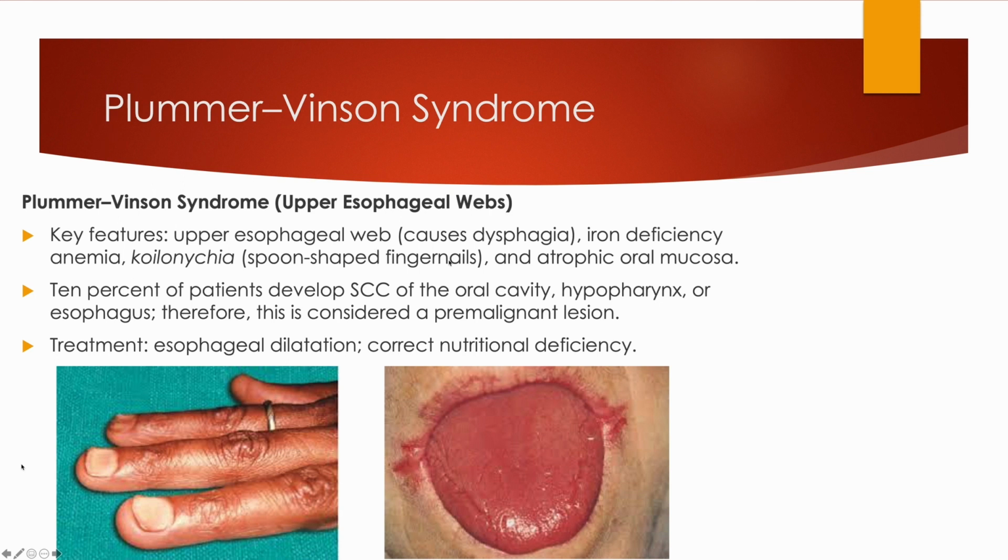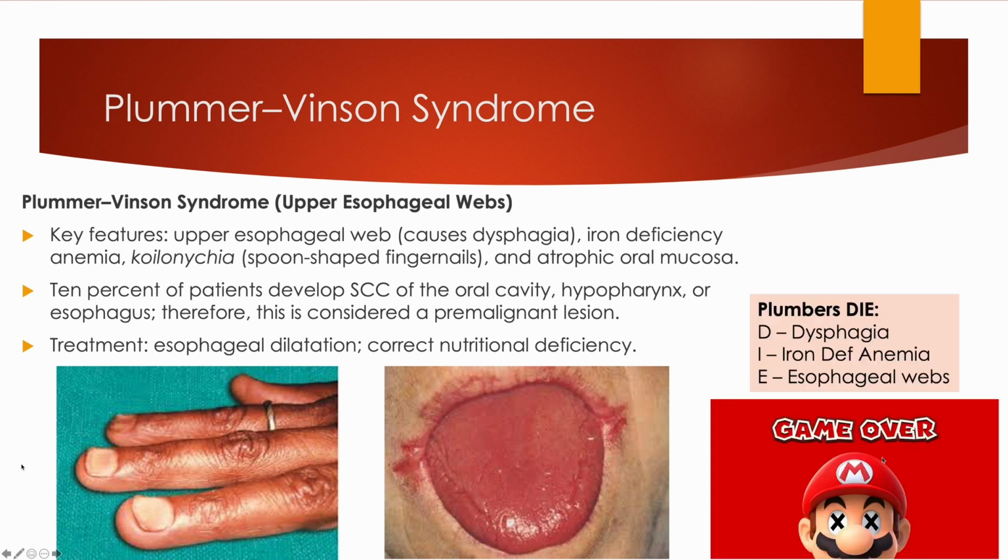They get dysphagia. The way Osmosis mentions it is that plumbers DIE. So I think of Mario. I'm a huge fan of Nintendo. And I think of DIE: dysphagia, iron deficiency anemia, and esophageal webs. That's Plummer, our Super Mario Plummer-Vinson Syndrome. If you see those together, that's what they're trying to tell you.